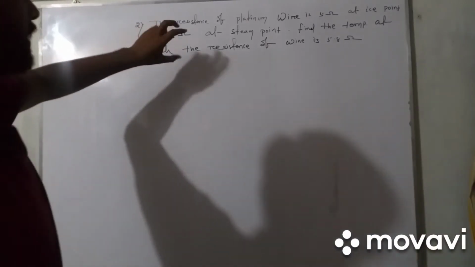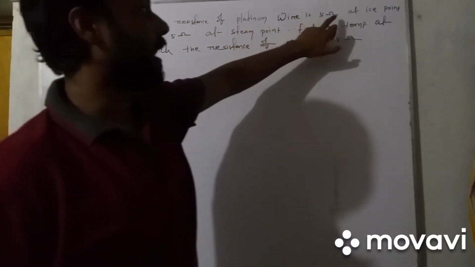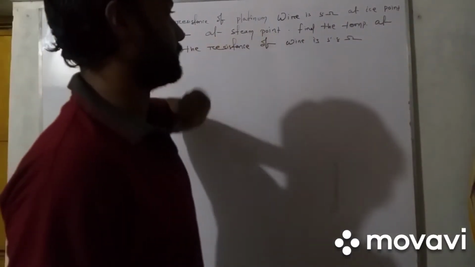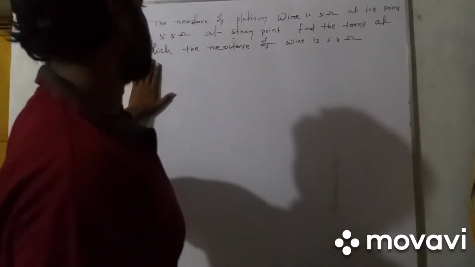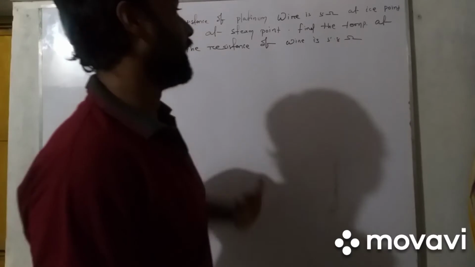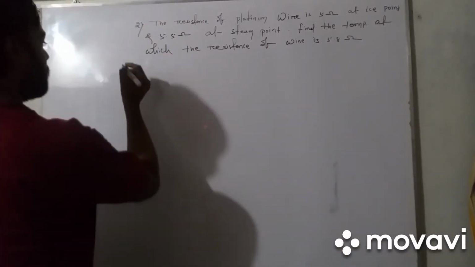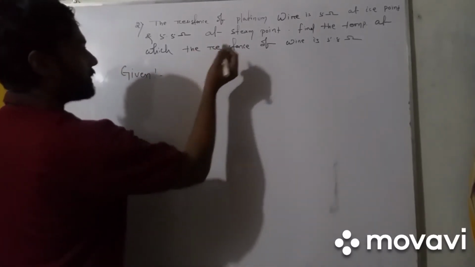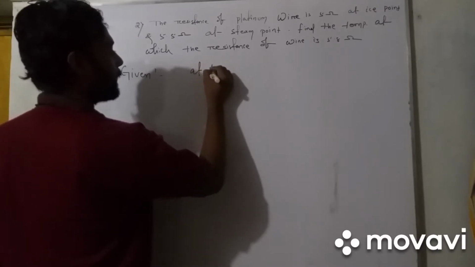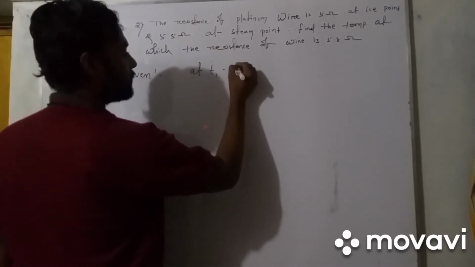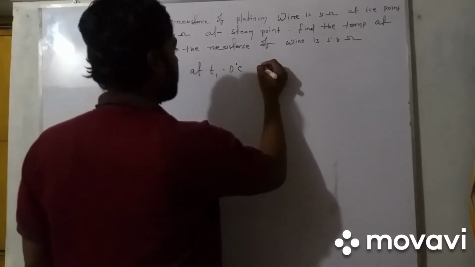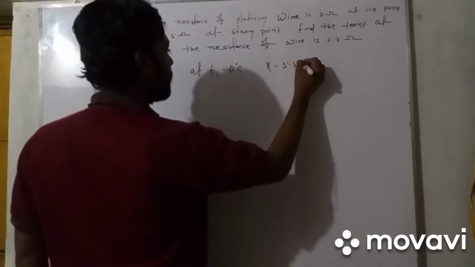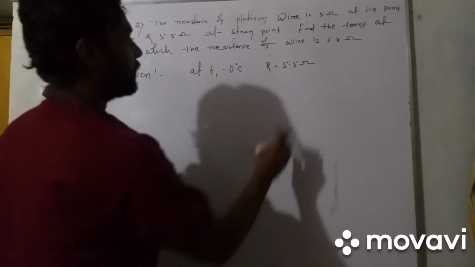Again I repeat that question. The resistance of platinum wire is 5 ohm at ice point and 5.5 ohm at steam point. Find the temperature at which the resistance of the wire is 5.8 ohm. From the above question, here we are given that at temperature T1, that is 0 degrees Celsius, the resistance R1 is 5 ohm.